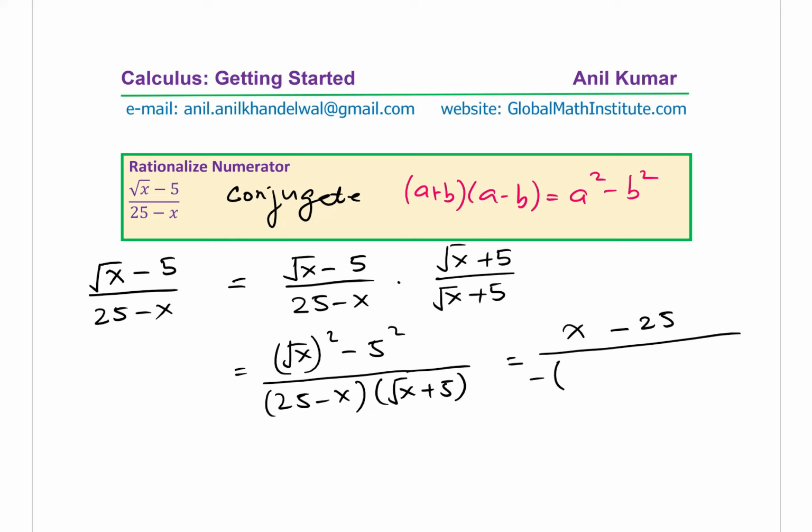I took minus common so that it's easy to explain how and why we are cancelling it. So we can now cancel the numerator with the common factor in the denominator. That gives us the answer as minus of 1 over square root of x plus 5. Correct? That is rationalization. It was a very simple example.